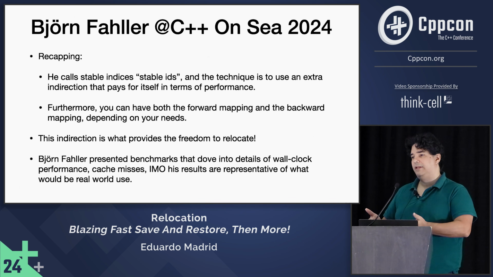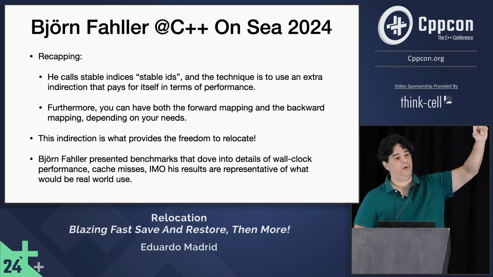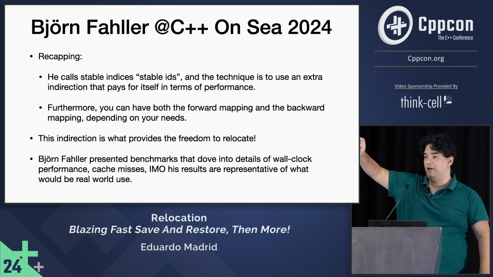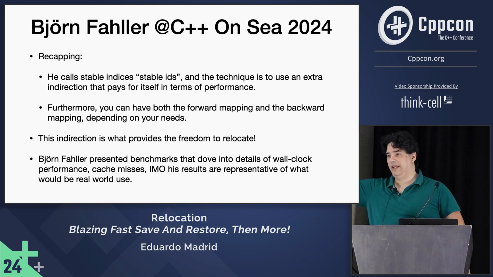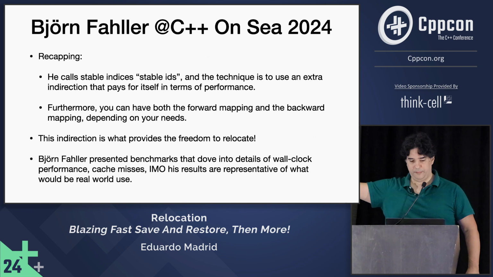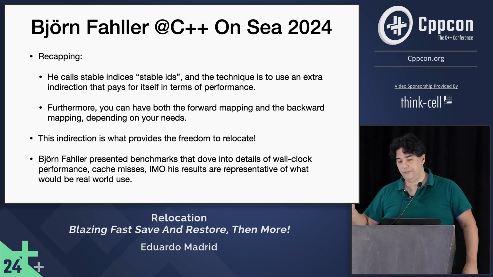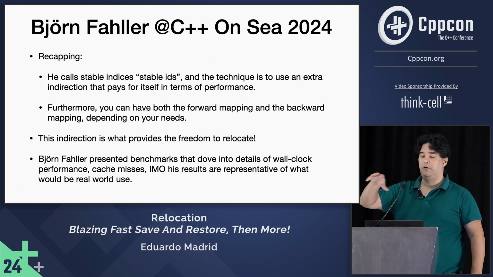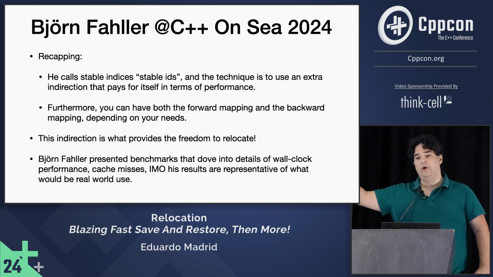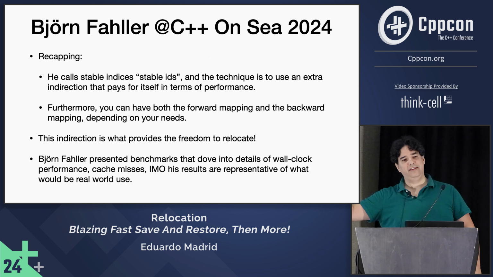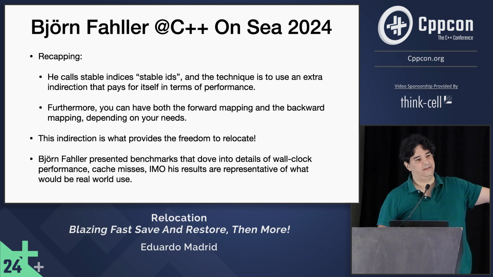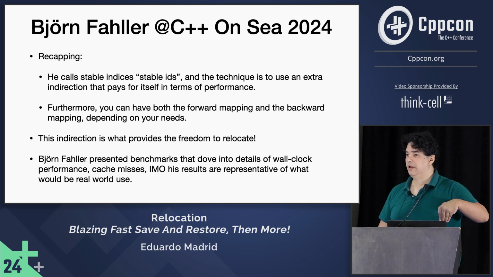A forward map that says, from this stable index, the data is going to be located on the structure of arrays using this other index. That will be the forward map. Furthermore, you might require, for application needs, to also maintain a backward map in which the storages have the indices of the entities that refer to them.